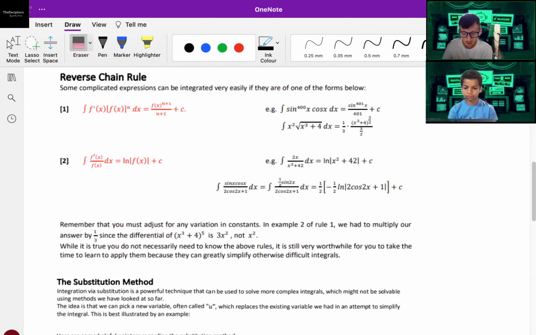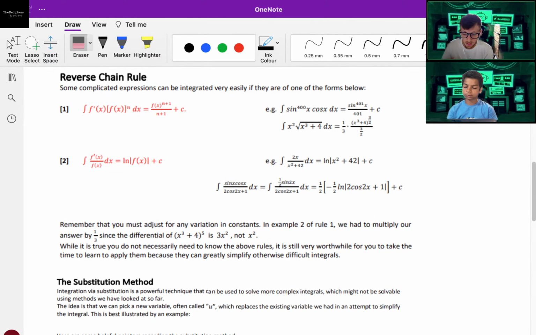We raise that power by 1, which we can see in the red in the formula, it's f(x) to the power of n plus 1, and just divide by the new power. So sine^400 x cos x integrated is sine^401 x over the new power, 401, and obviously we have that constant of integration there as well, plus c.